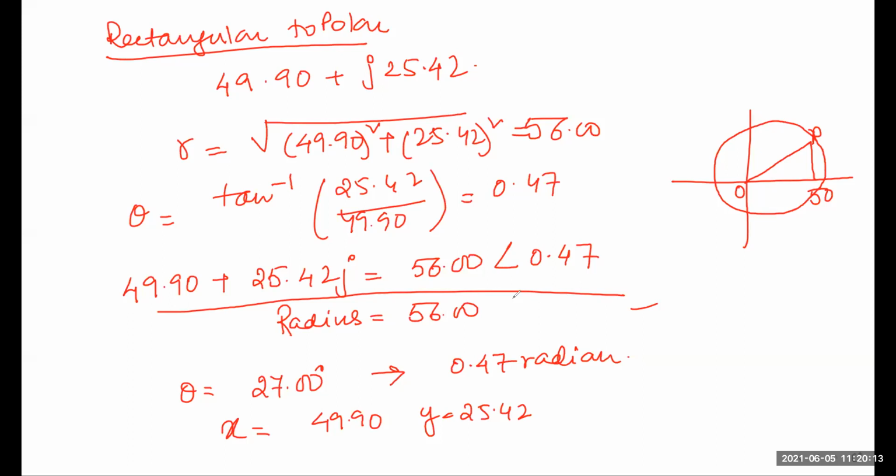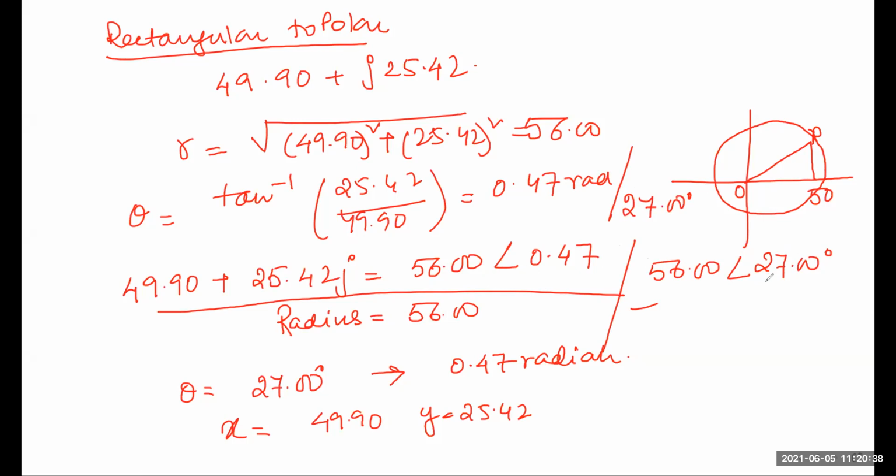Okay, one more thing. Here I have written 0.47, which I have written in radian. You can also take this as 27.00 degree as per your wish. Here also I have done 56.00 in radian; you can also write 56.00 angle of 27.00 degree.